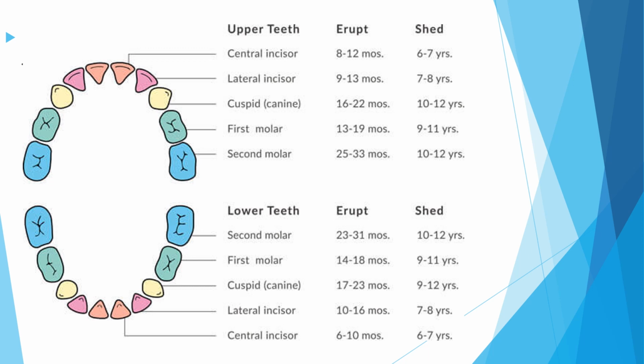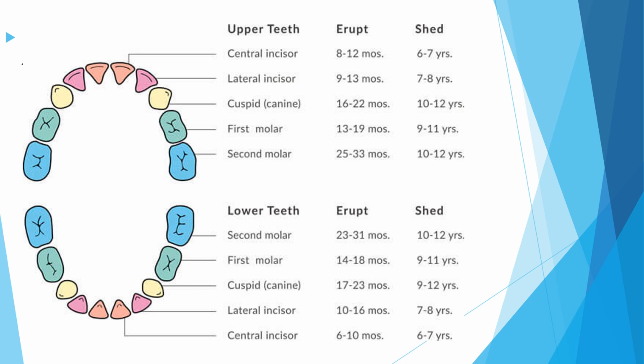Usually, your maxillary central incisor will shed by the age of 6 to 7 years. At the same time, your mandibular central incisor will also shed by the age of 6 to 7. Followed by it, your lateral incisor will shed around the age of 7 to 8. Then followed by it, there will be the shedding of the canine: the mandibular canine around the age of 9 to 12, and in the maxilla, the canine will shed around the age of 10 to 12 years.